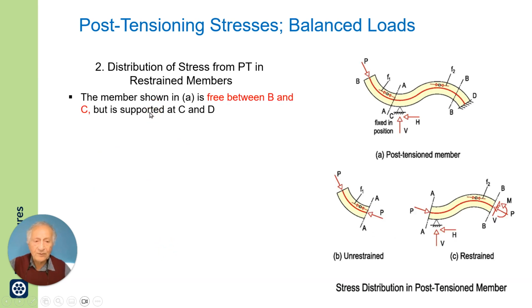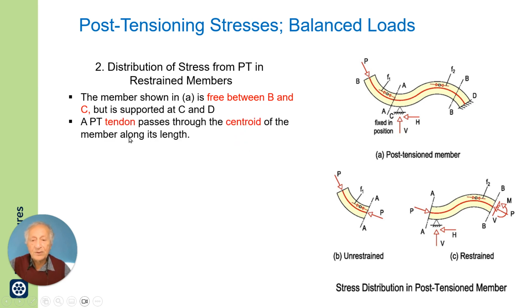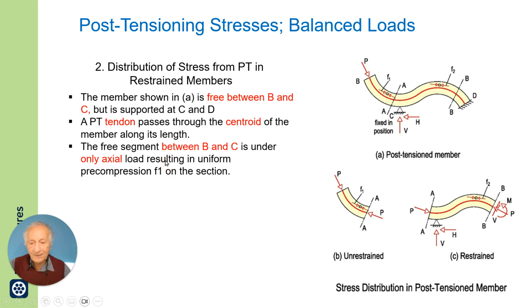Now, if you have a situation where the member is supported along its length in addition to the far end. It is free between B and C. Between here and here, the member is free. So the tendon passes through the centroid of the member along its entire length.